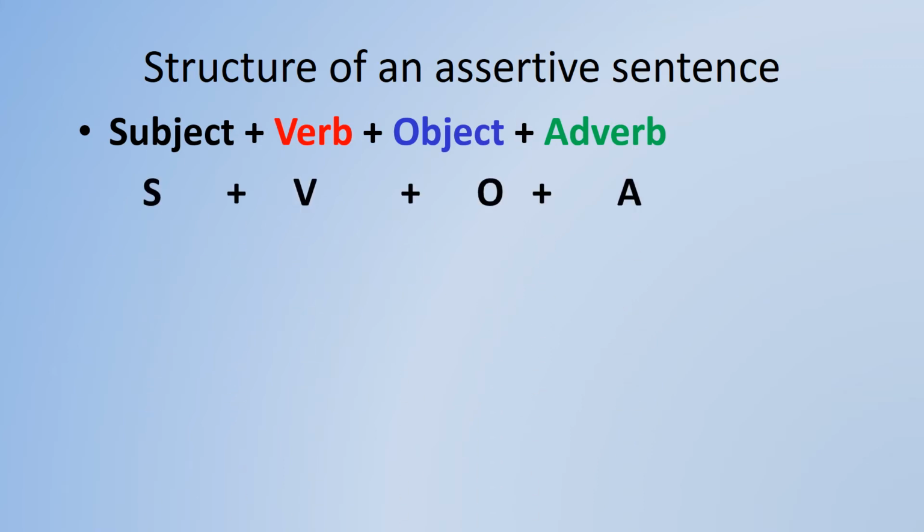We call it SVOA. For example, I saw him yesterday. I is the subject, saw is the verb, him is the object, and yesterday is the adverb.